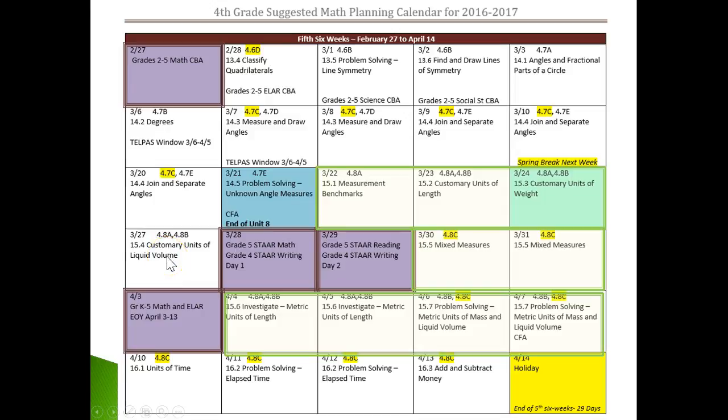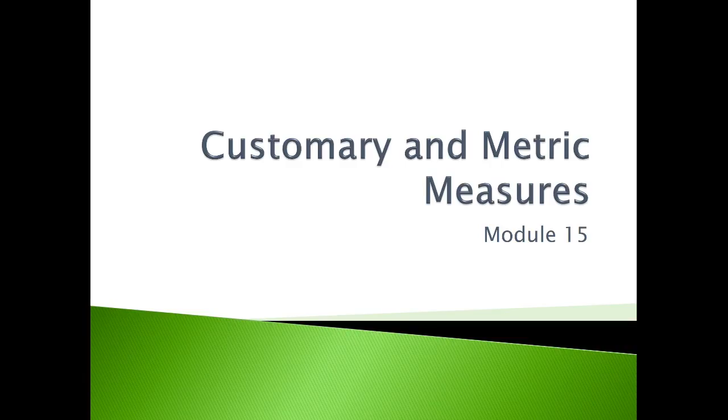And then you'll have grade 4 STAAR writing for 2 days. And then you'll start again back with mixed measures. And you don't have to stop here to do your end of the year screener. You can continue with measurement and do your end of the year screener later on in the week. Remember, you have April the 3rd to the 13th to do it.